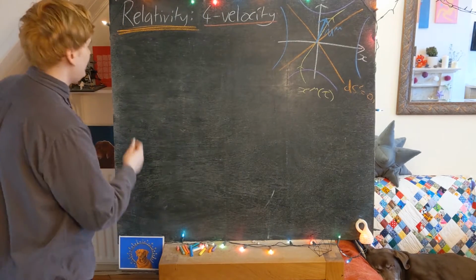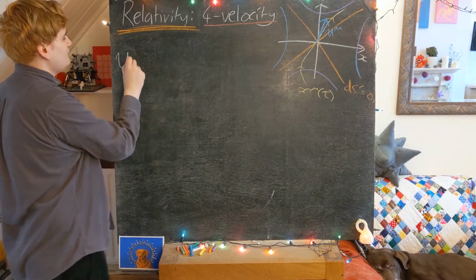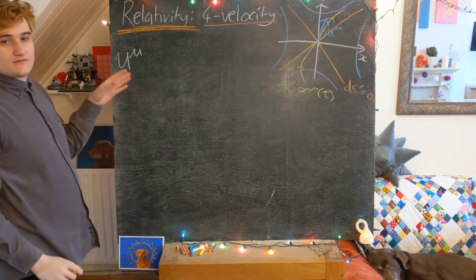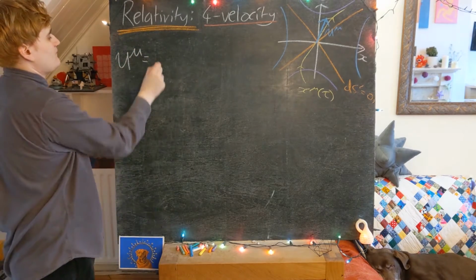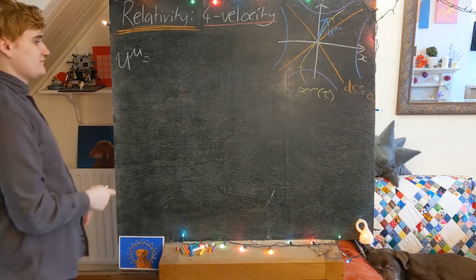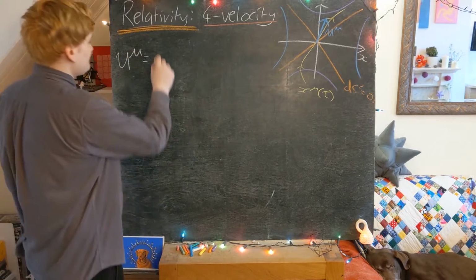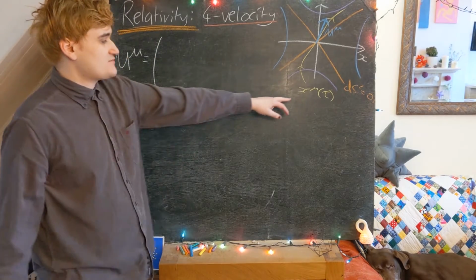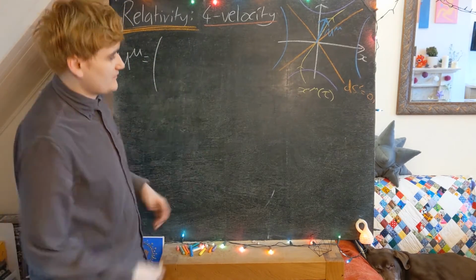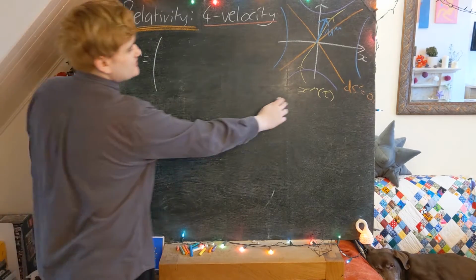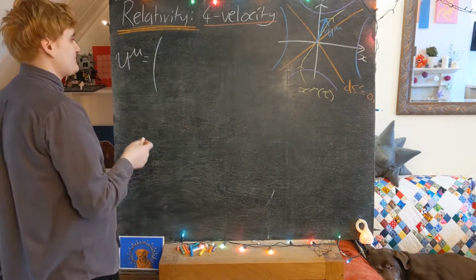So as I defined in the previous video, we define the forward velocity as the parameter derivative of this world line. And if you remember, we were expressing our world line as just a vector of functions that specifies each coordinate.